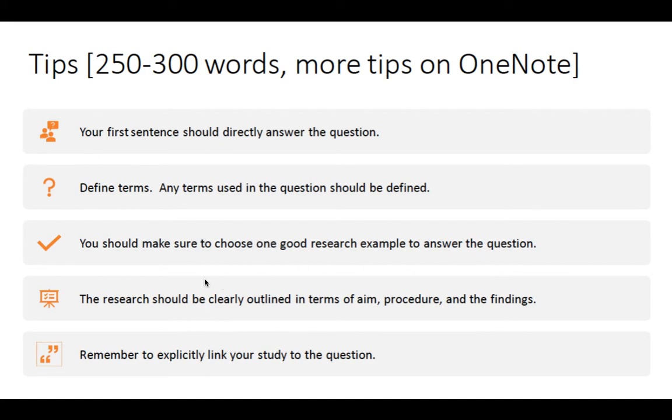The research example at the minimum has to be a brief description of the aim, procedure, and findings. If it's asking you to focus on the research and explain or describe the research, be sure to give more details in that case. And if you do not describe, outline, or explain the theory, you will get at the most 4 out of 9 points.